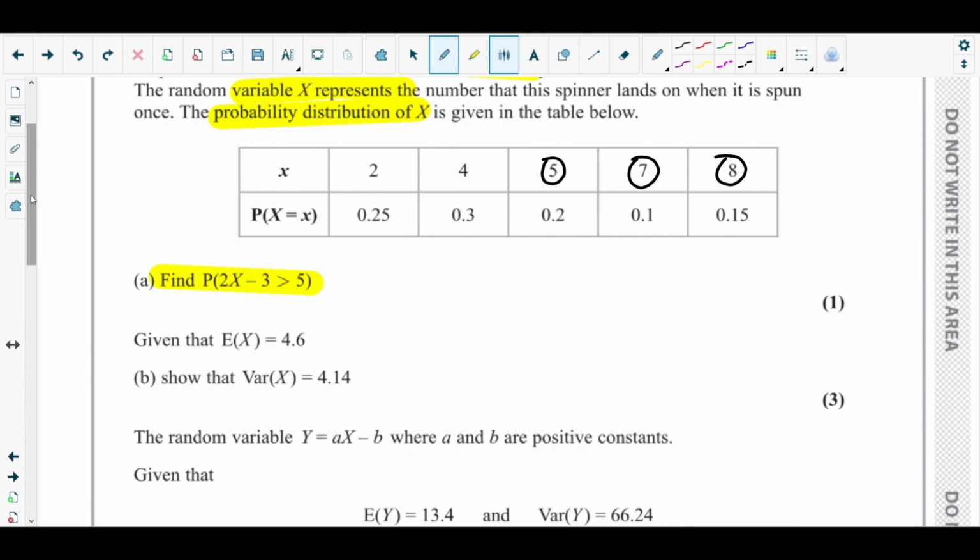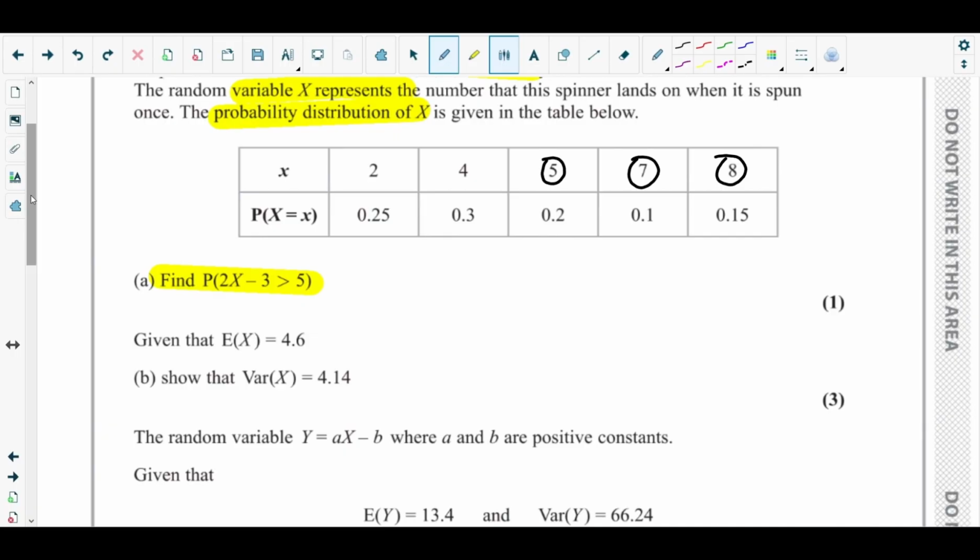So 0.45 is the probability of twice x minus 3 greater than 5. Done.